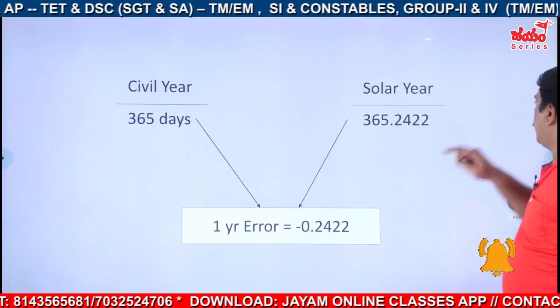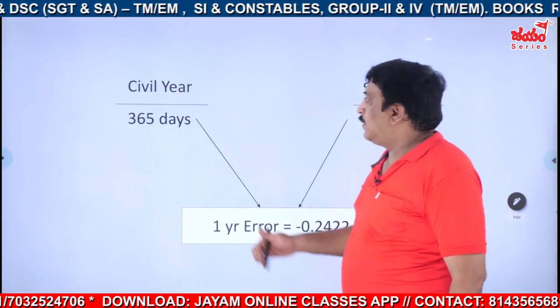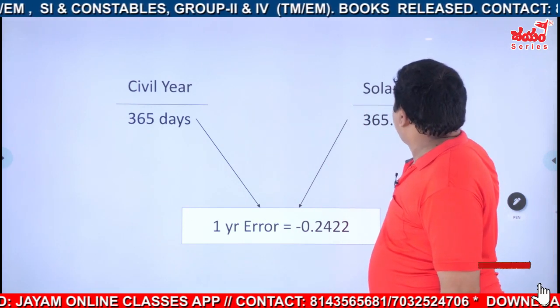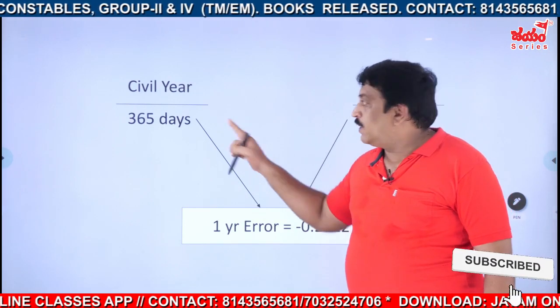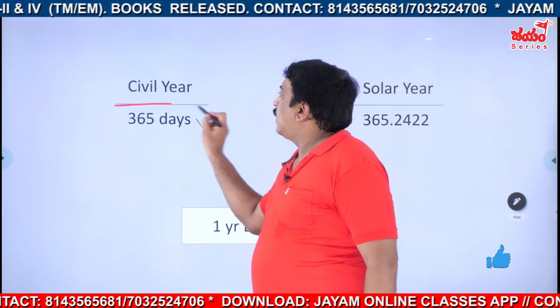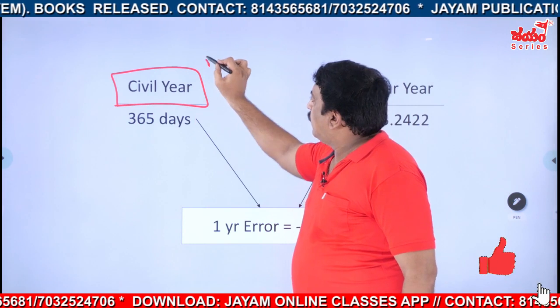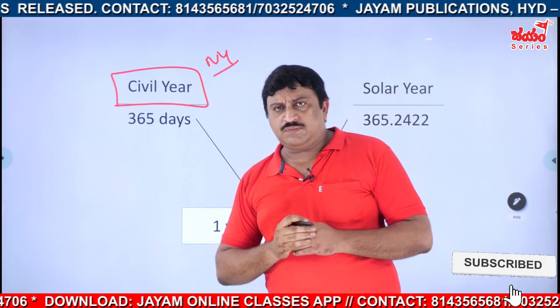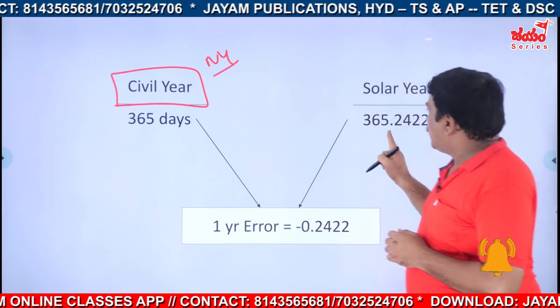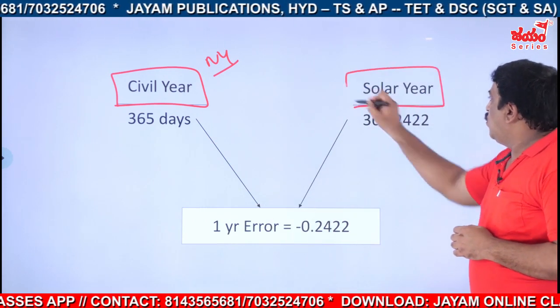Coming to this one now. Civil year, that is 365 days, and here it is 365.2422. This is the normal civil year we have taken. Okay. This is 365 days, and this is 365.2422.